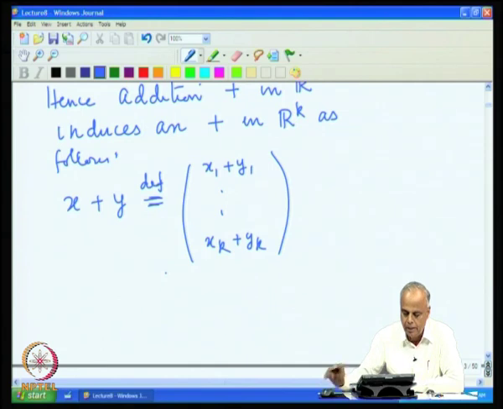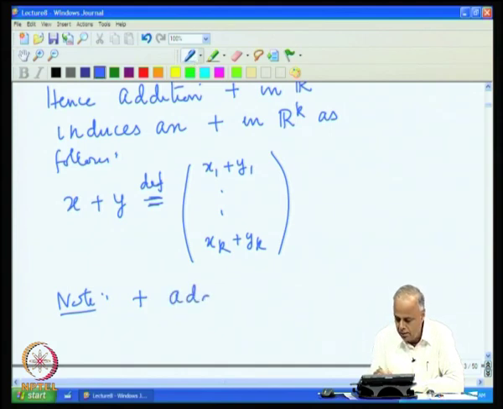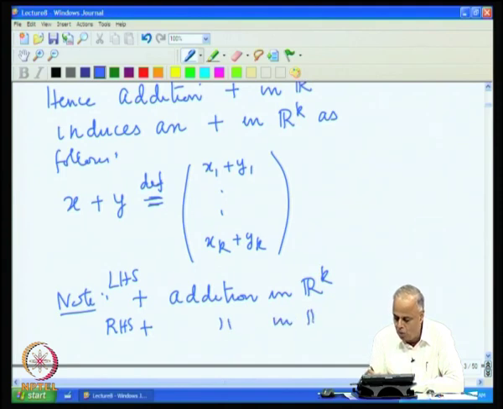It should be noted that the plus on the left hand side refers to addition in R^k, which is being defined, and the plus on the right hand side is addition in R, which is known.